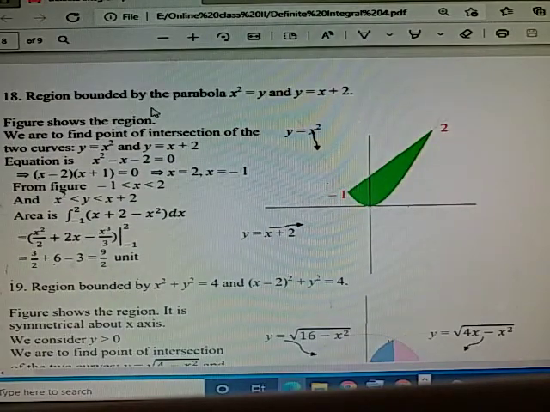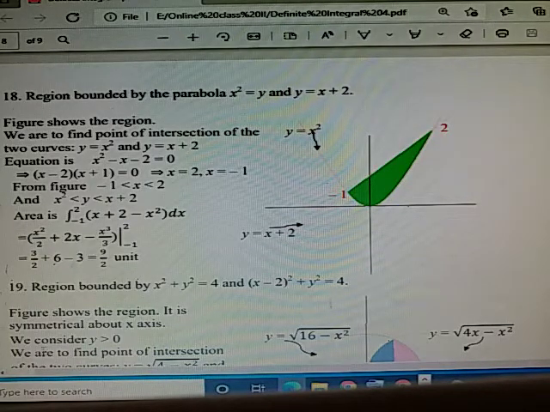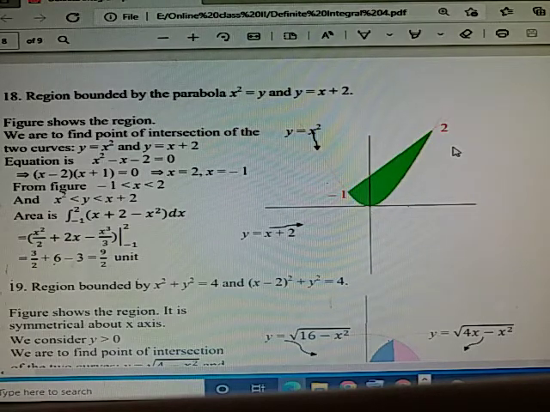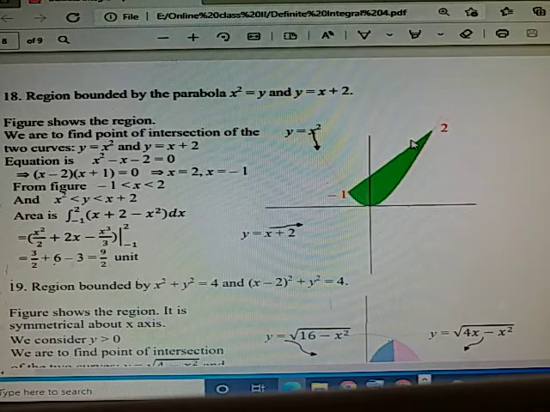Then the region bounded by x square is equal to y and y is equal to x plus 2. So this is a parabola, and we have to find the point of intersection of these. The points of intersection are x is equal to 2 and x is equal to minus 1.